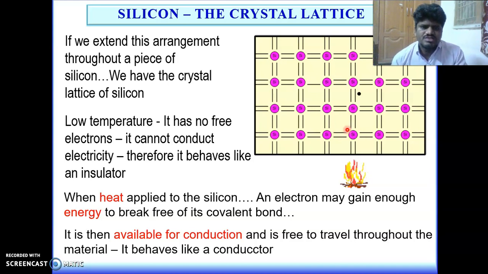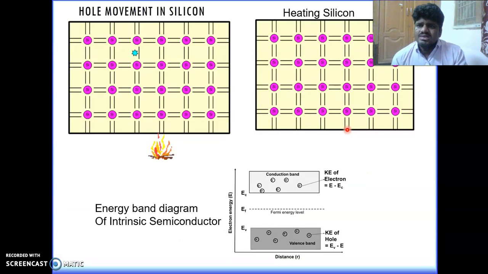These are random motions if you have not applied any voltage. Similarly, a hole also moves in the lattice, but hole movement is different from electron movement. Here the hole moves within the bonding lattice only.